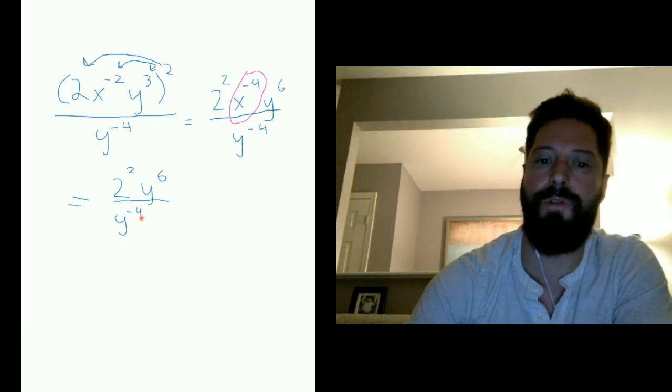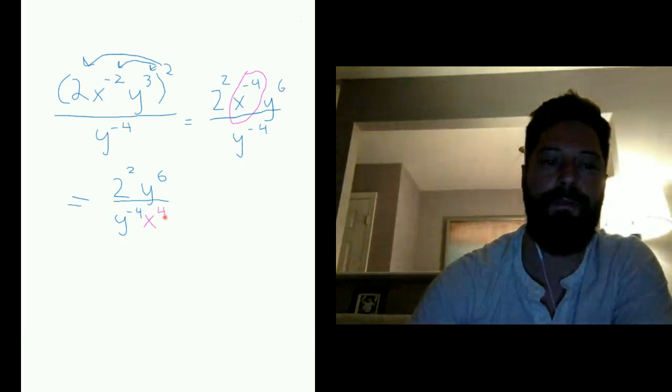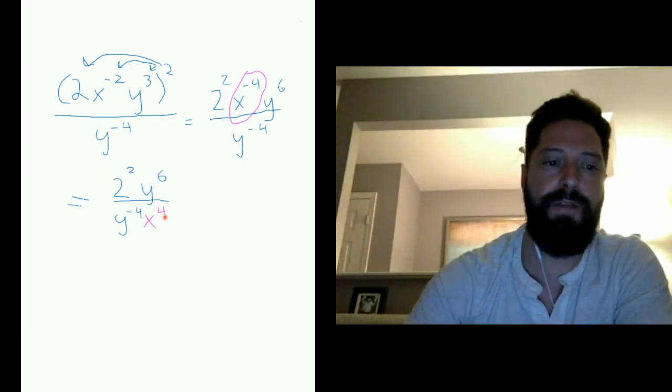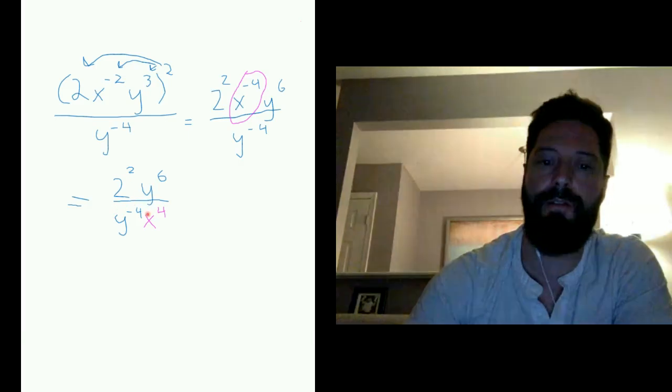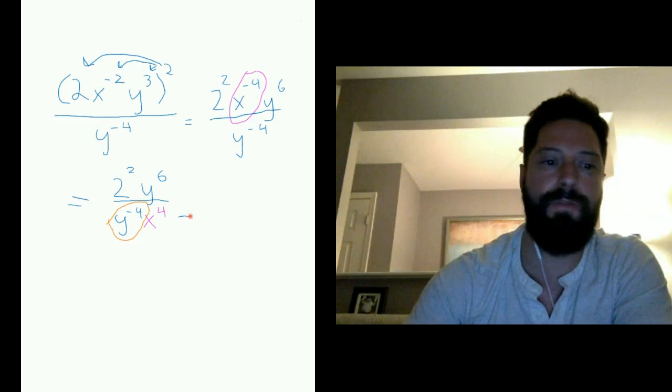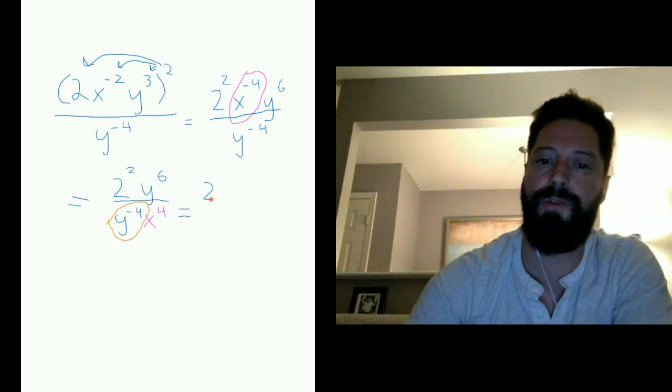Now we still have a negative exponent here, so we need to deal with that. We're going to move this from the denominator into the numerator. So we have 2 squared y to the sixth, y to the positive 4 over x to the fourth.